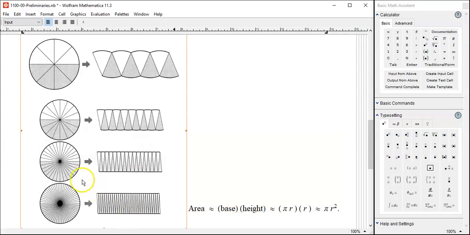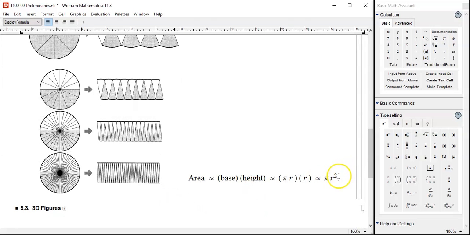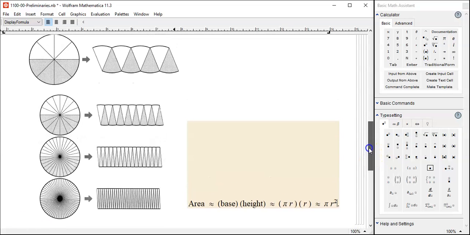Now, the height is a little bit trickier. It is tilted, but this is radius r. A little bit less tilted, but still radius r. A little bit less tilted. Eventually, it will stand up straight if you have really a lot. So what do we have? Pi r times r, so pi r squared.